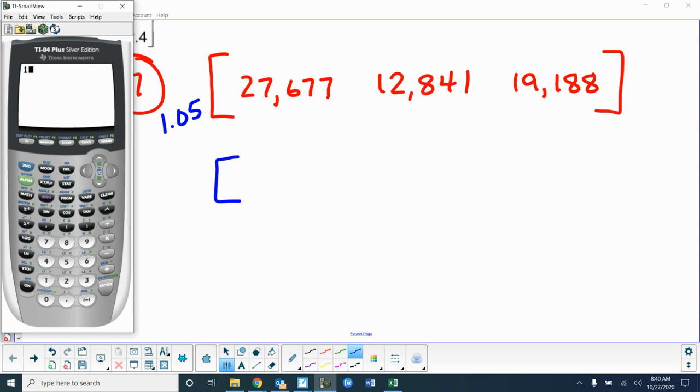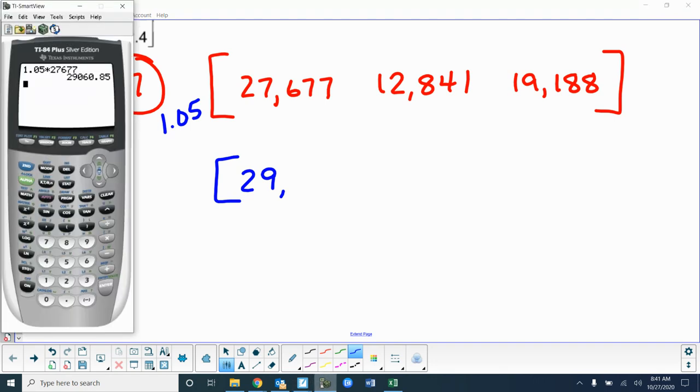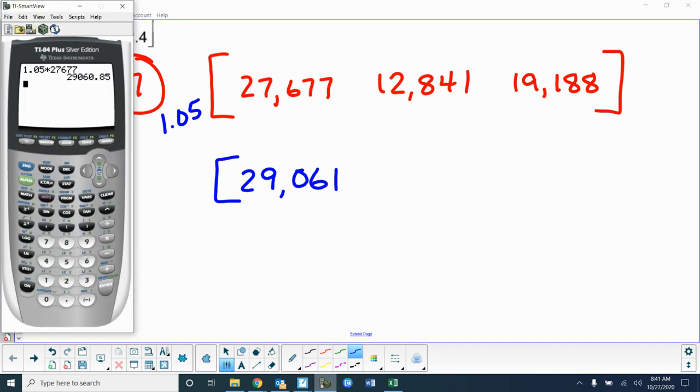All right, so 1.05 times 27677. That's 29,060-something. Did it say to the nearest dollar or anything? I think it did, to the nearest dollar. So 29,061. All right, that would be that one. Then 1.05 times, I'll show you something.